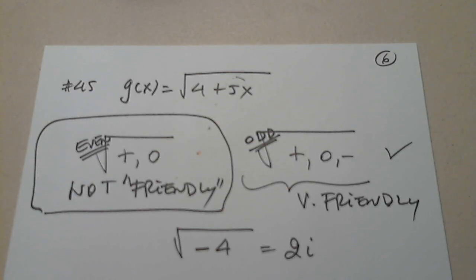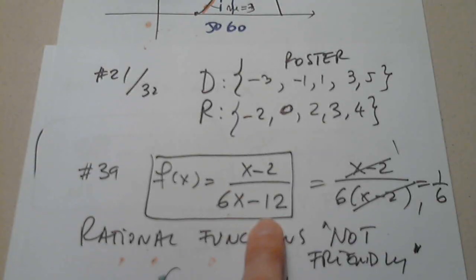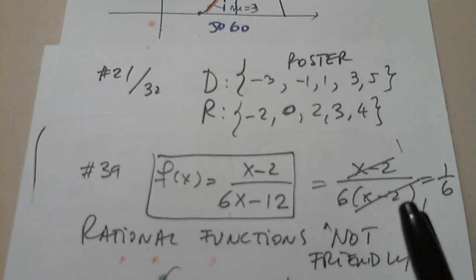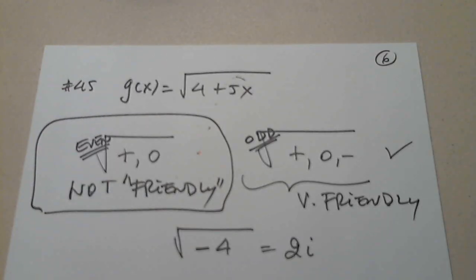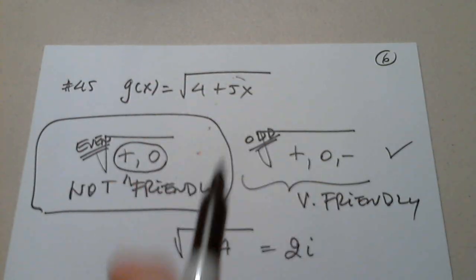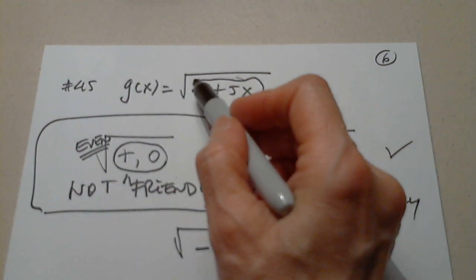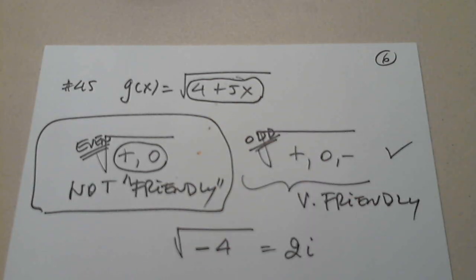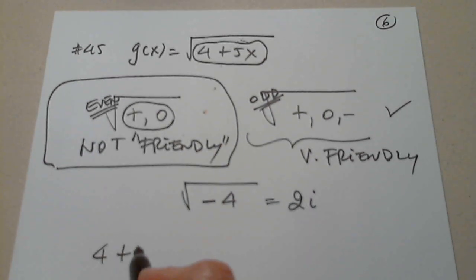Similar to the rational function. The rational function has a different issue: it cannot have a 0 in the denominator. But if the radical has an even index, then we have to state exactly what you see here, meaning the quantity under the square root has to be greater than or equal to 0.